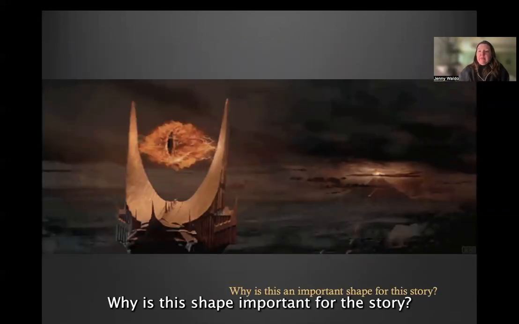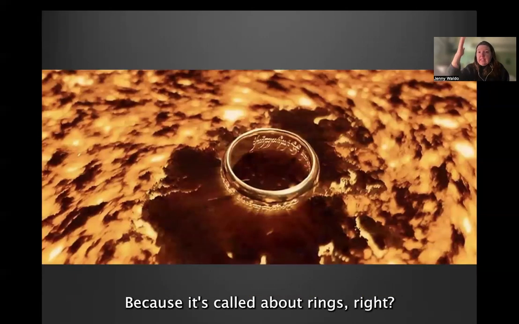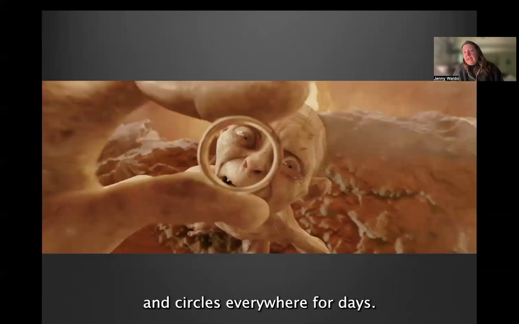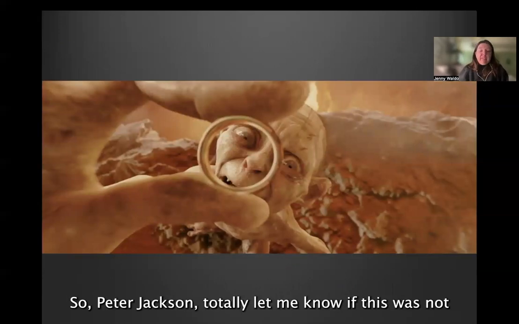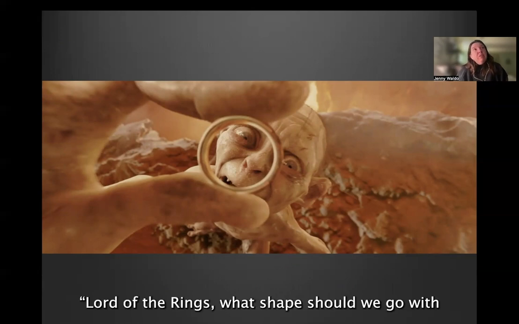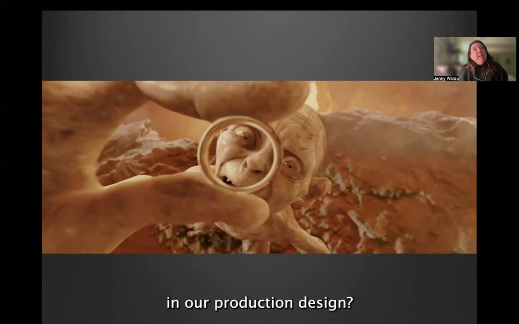But why is this shape important for the story? Because it's called Lord of the Rings, right? It's all about the ring, the one ring, and circles everywhere for days. So, Peter Jackson, totally let me know if this was not in your mind, but somebody at some point had to think, Lord of the Rings, what shape should we go with in our production design?